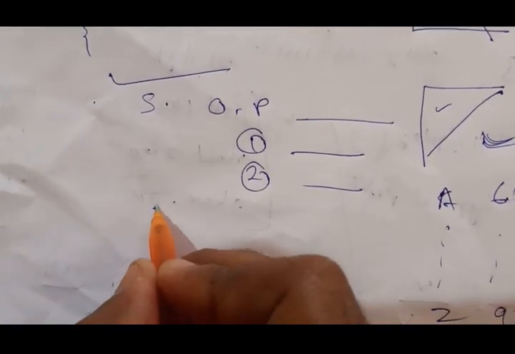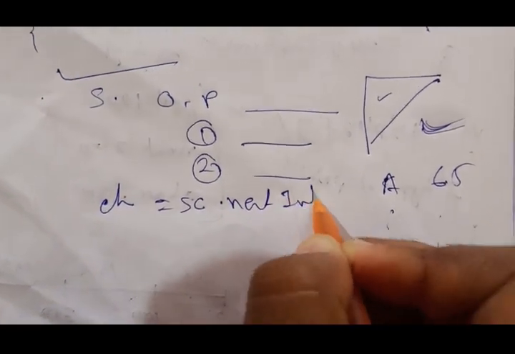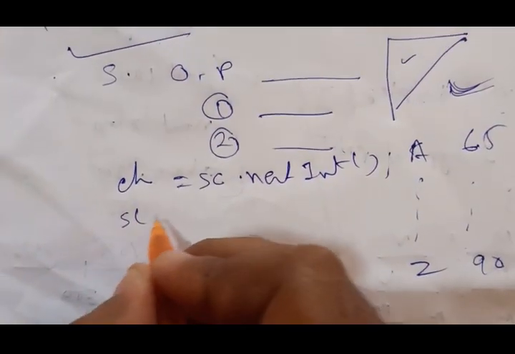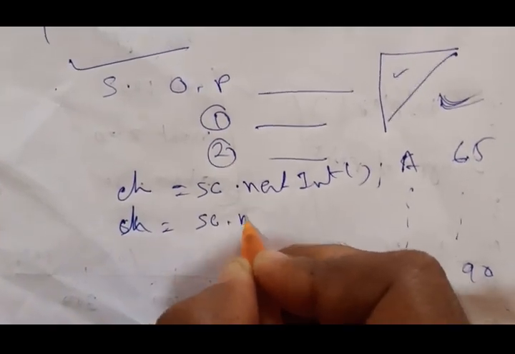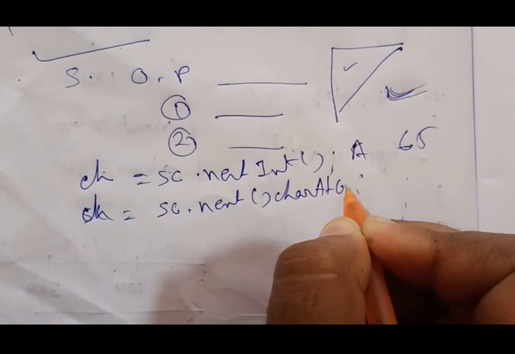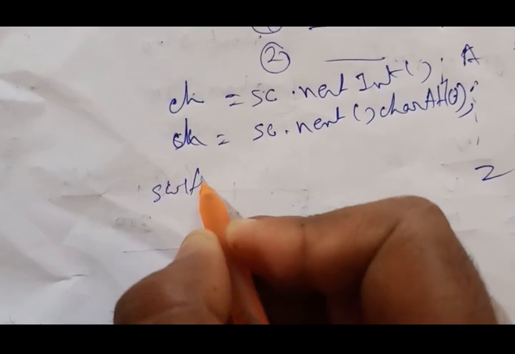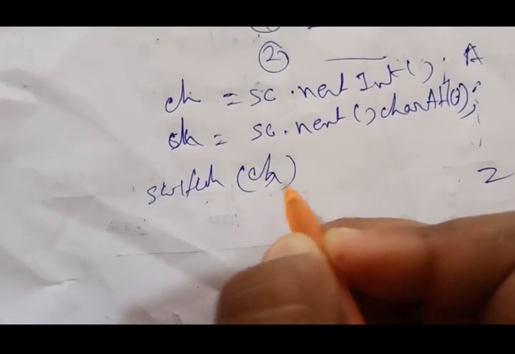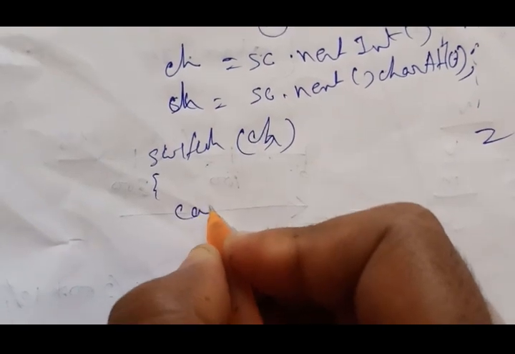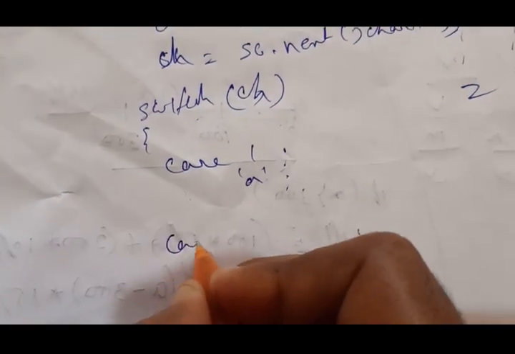Suppose you are taking input inside the ch variable: ch is equal to ac.nextInt(), or you can do ch is equal to ac.next().charAt(0) for character input. So these two are possible. Next, switch(ch), then case 1 or A, and break.